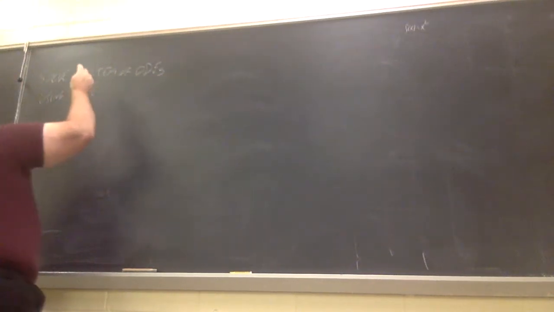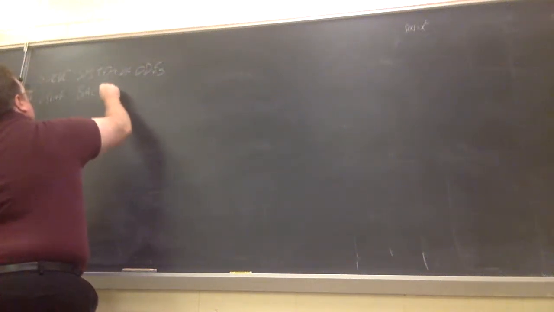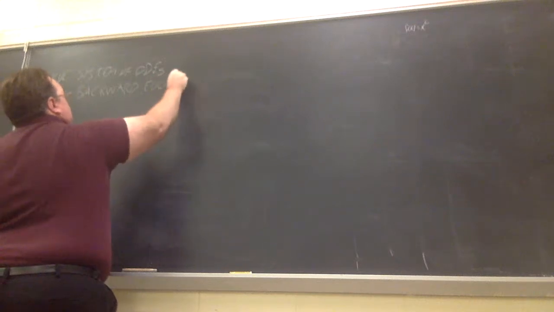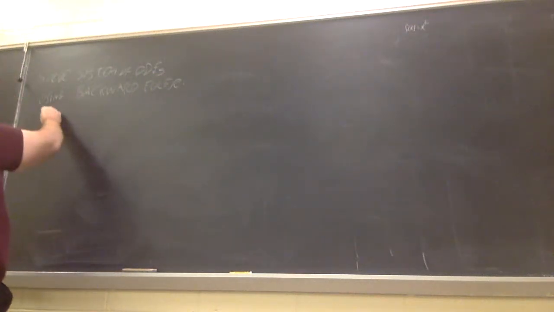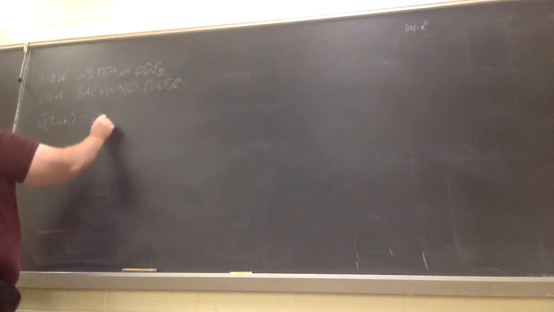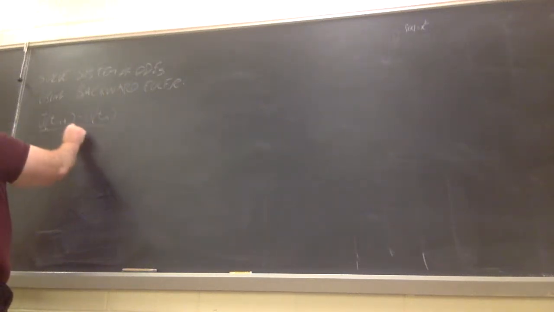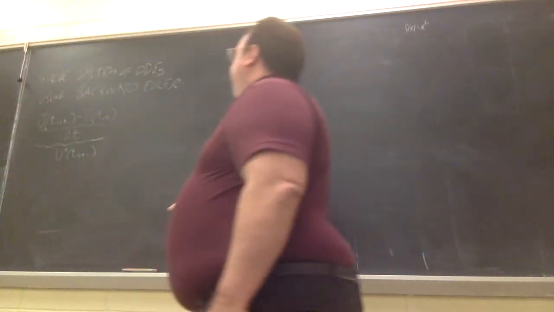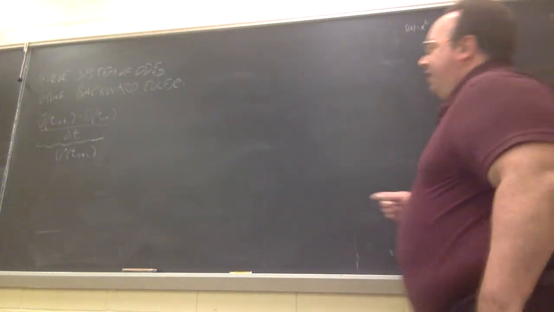One that would be quite relevant to this class is called backward Euler, which is u at tn plus 1 minus u of tn over delta t. So this is my approximation of u prime at time tn plus 1.